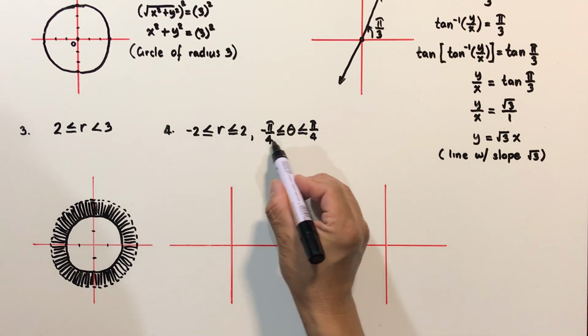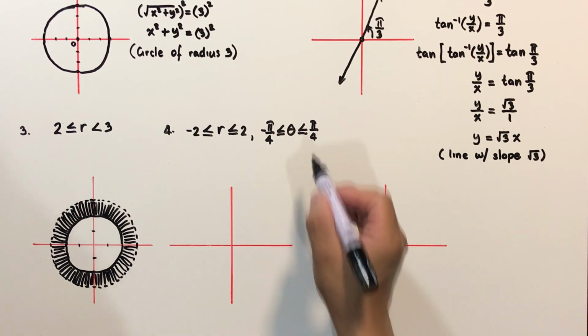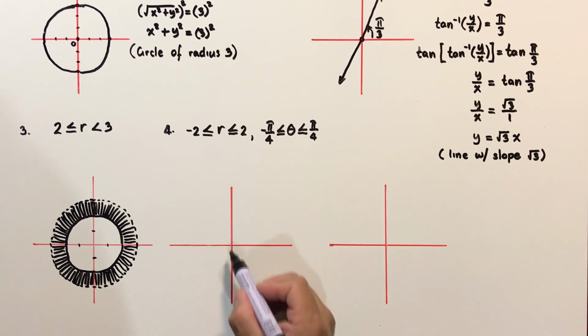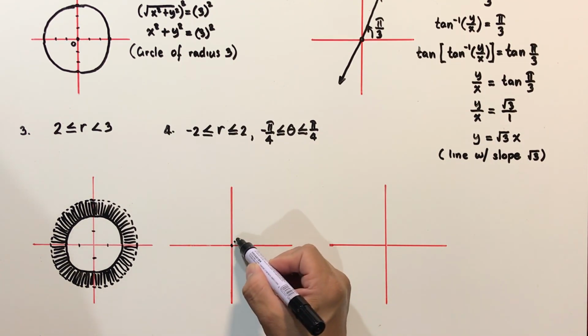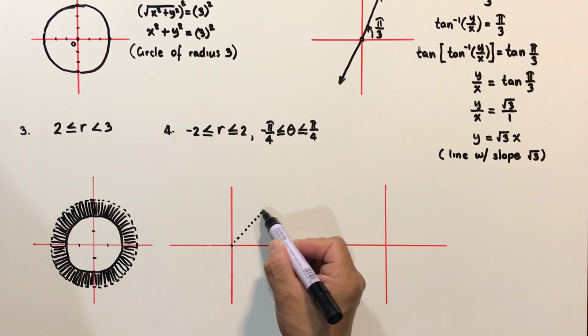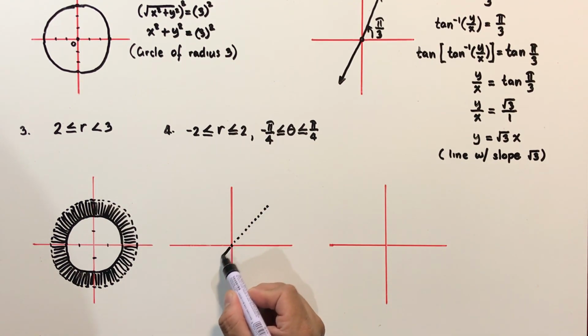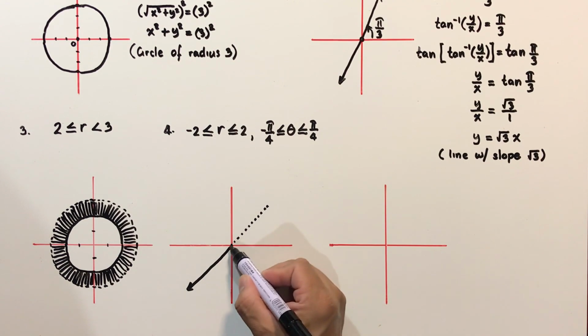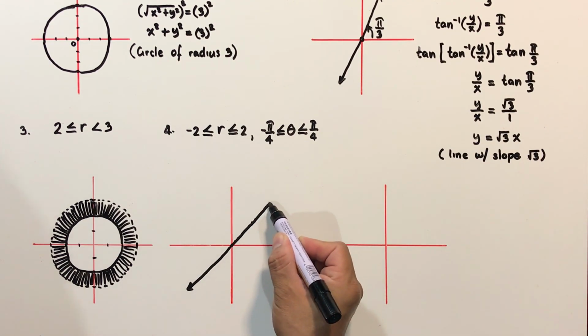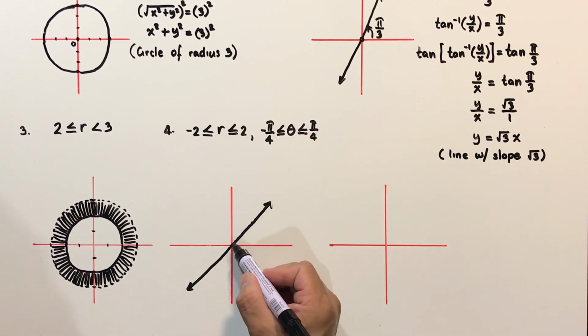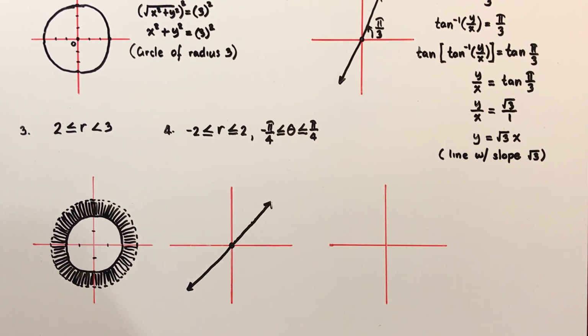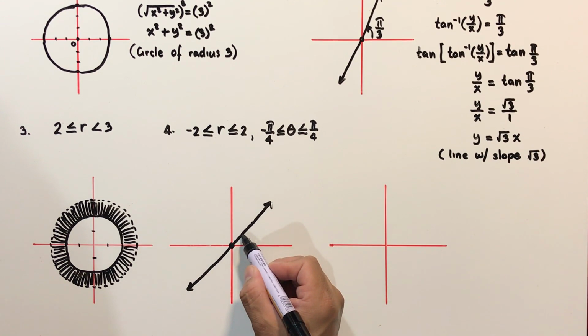First, let us graph this angle, the angle of pi over 4. So the angle of pi over 4 is half of the angle of pi over 2. So this one here is the angle of pi over 4. So this is a straight line which passes through the origin and makes an angle of inclination of pi over 4.